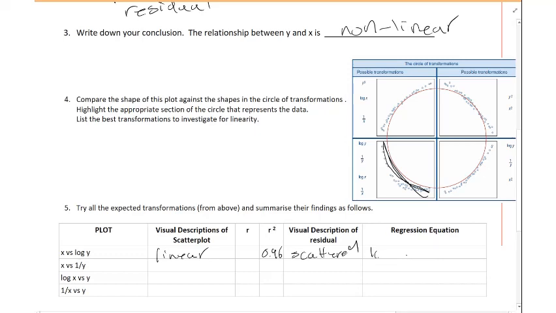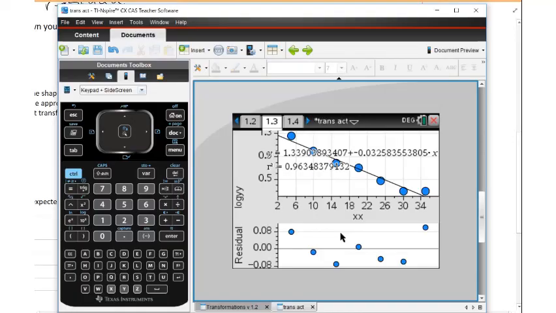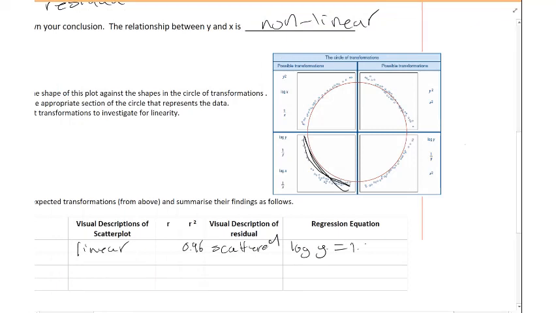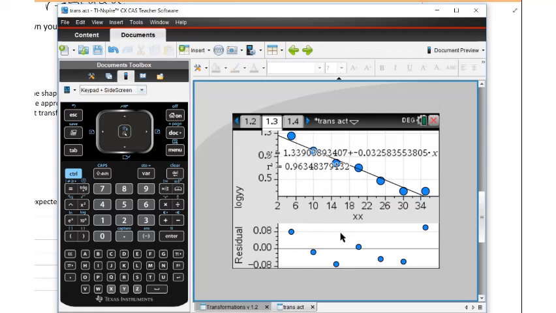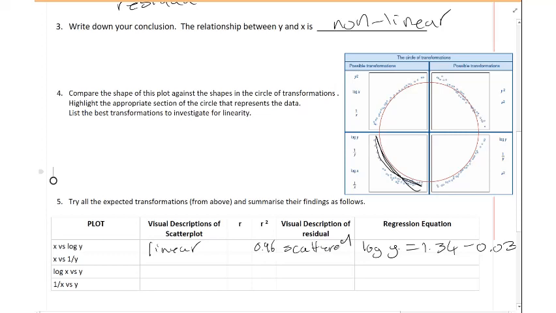It's going to be log y equals 1.34 minus 0.03x. All right, so then we go x versus log y.